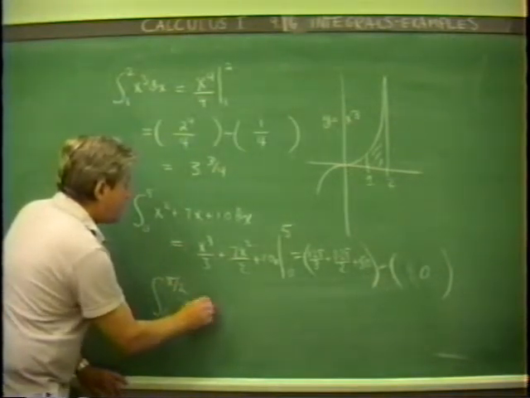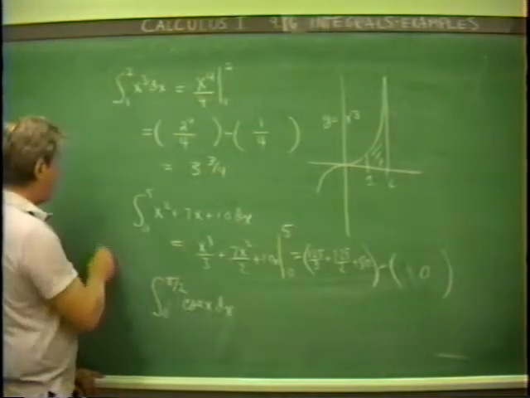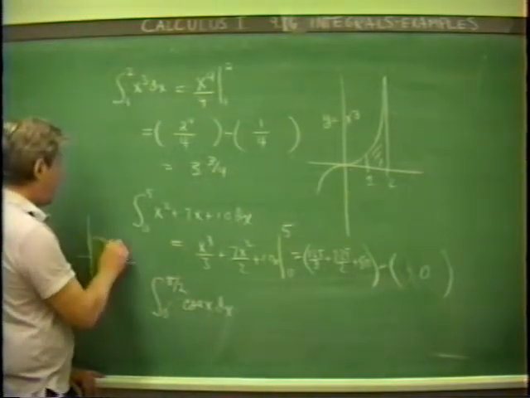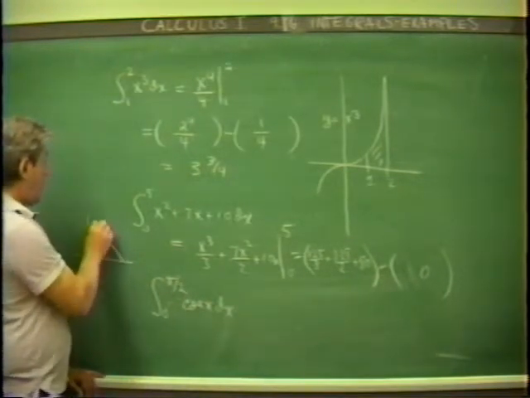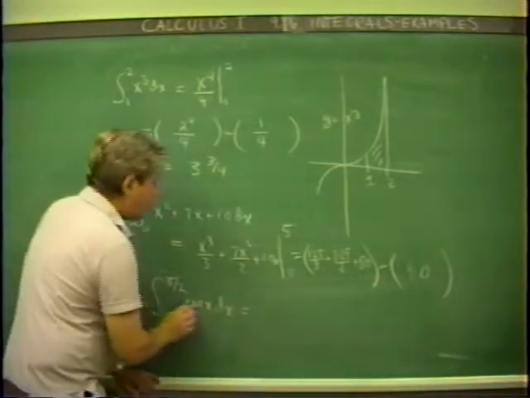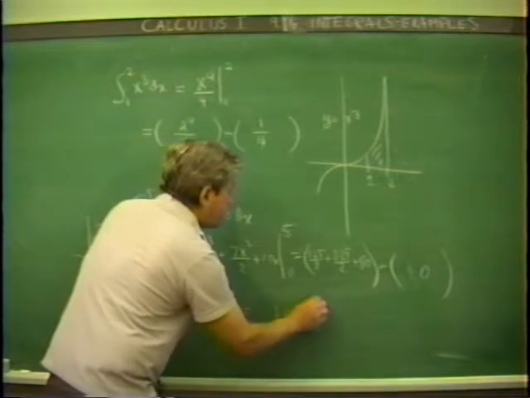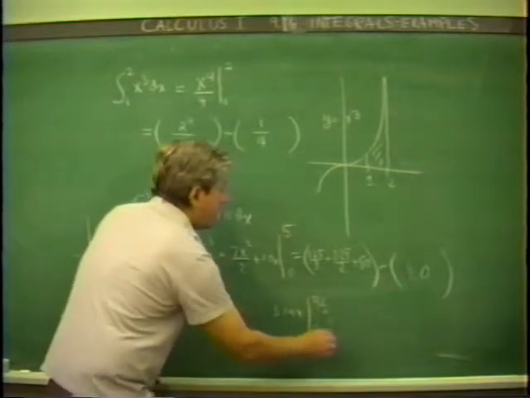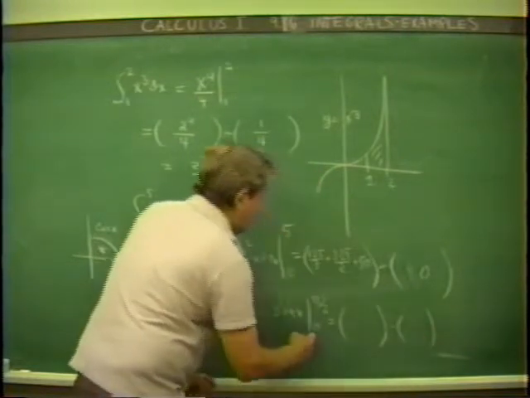If we wanted to know, let's say, the integral from 0 to pi over 2 of cosine x, here the interpretation is simple. If here's cosine x between 0 and pi over 2, it's this area right here. The antiderivative of cosine x is sine x.